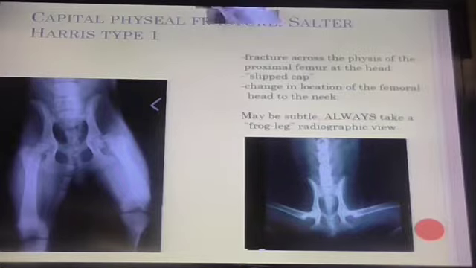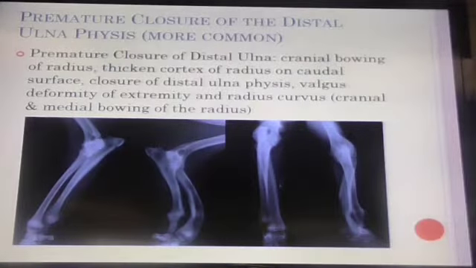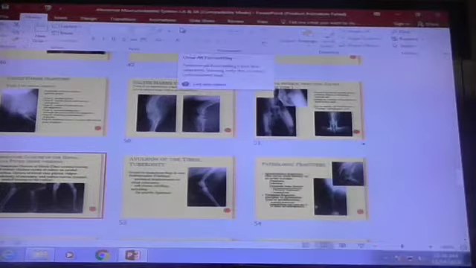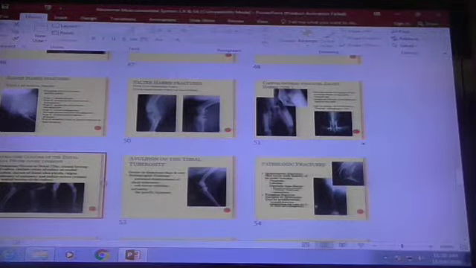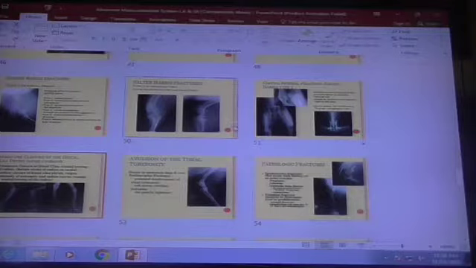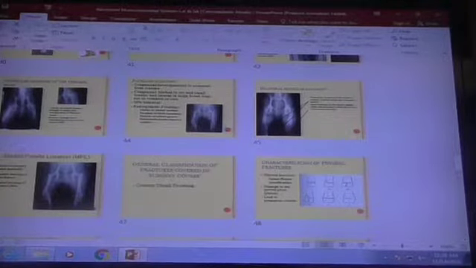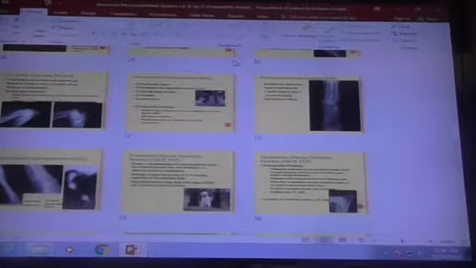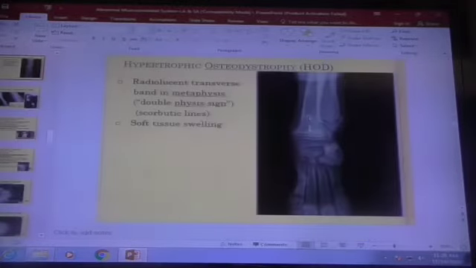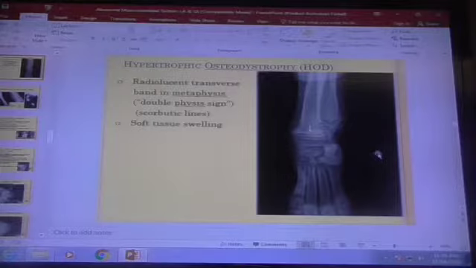Capital physeal slip. Premature closure. Why is it common at the distal? What's the most common location? The distal ulna, right? Why is that? Okay, let me tell you. I'm so glad you asked. This is back to my HOD.